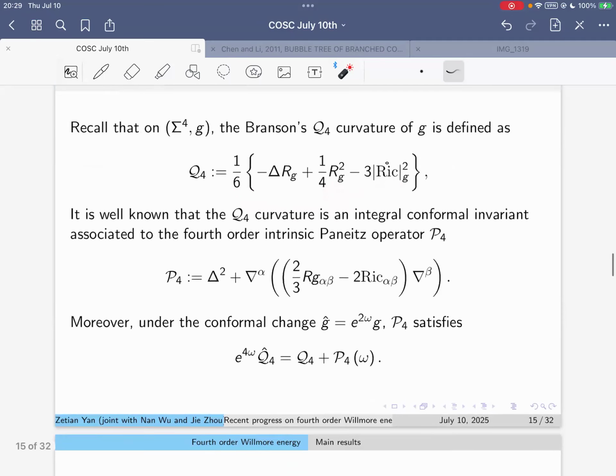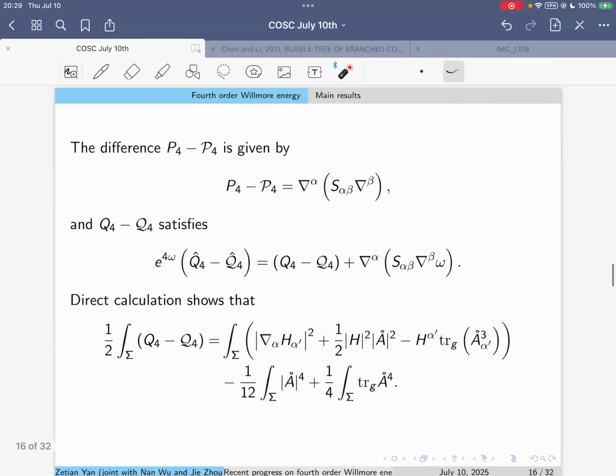And totally similar, we have the Paneitz operator. The leading term of the Paneitz operator is exactly the bilaplacian. However, the lower-order term is totally different from the extrinsic Paneitz operator. However, if we consider the difference, we can cancel the leading term and only have this lower-order term.